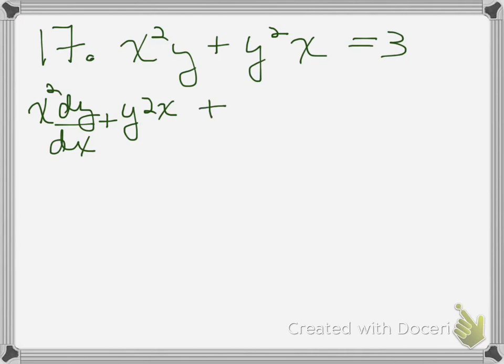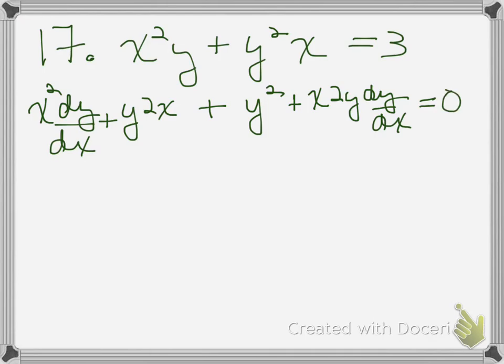Then plus left, d right is 1, plus right, d left, equals 0, because the derivative of 3 is 0. It looks to me like I have two dy dx's. There's one, there's the other. Got to get them on the same side.